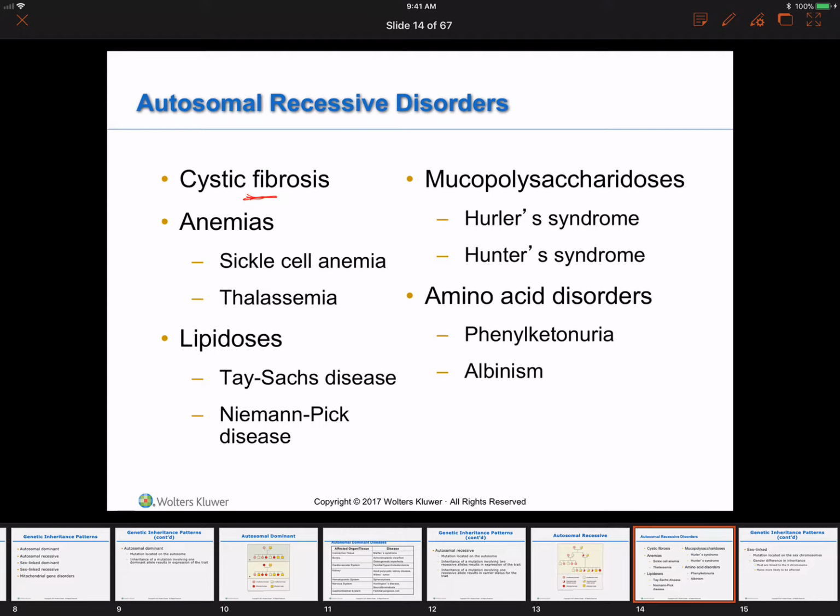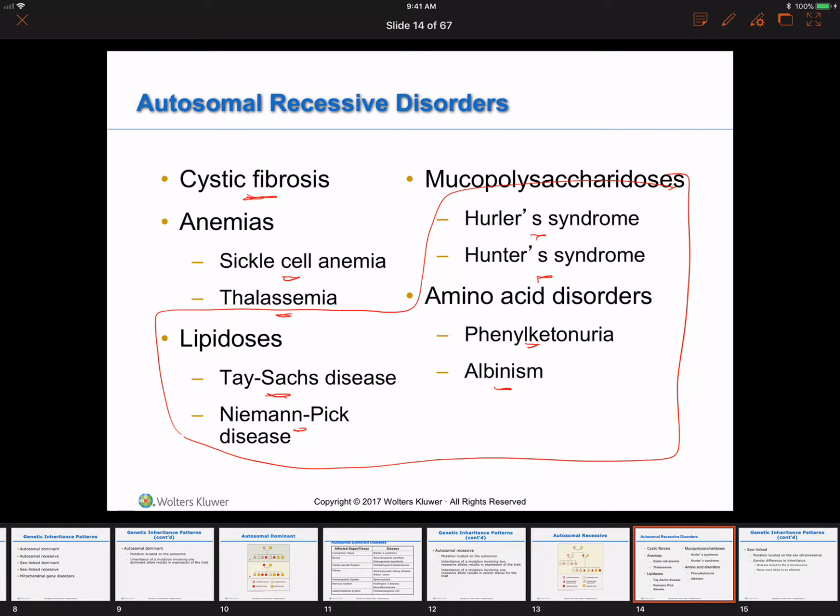Different forms of anemia like sickle cell anemia or thalassemia. Tay-Sachs disease, which involves an enzyme deficiency. Niemann-Pick disease. Hurler's, Hunter's syndrome, phenylketonuria, and albinism. Most of these, just so you know, they involve a deficiency of something, a protein of some sort.